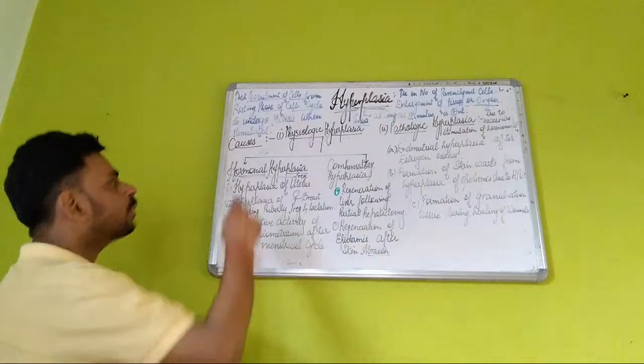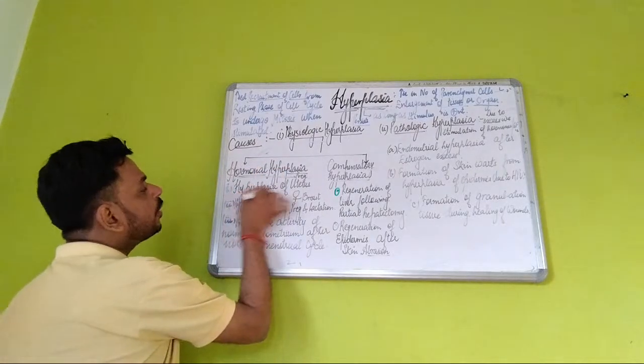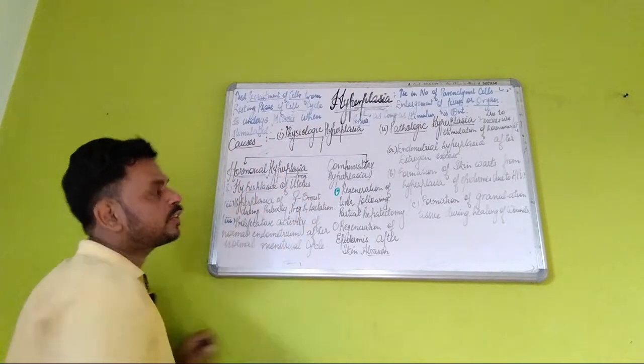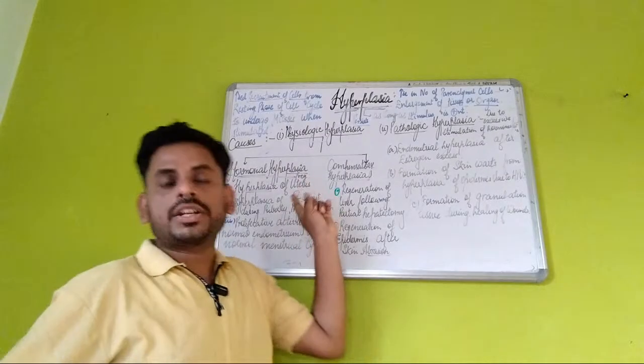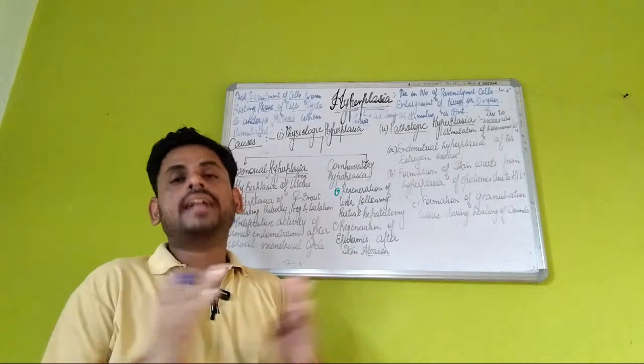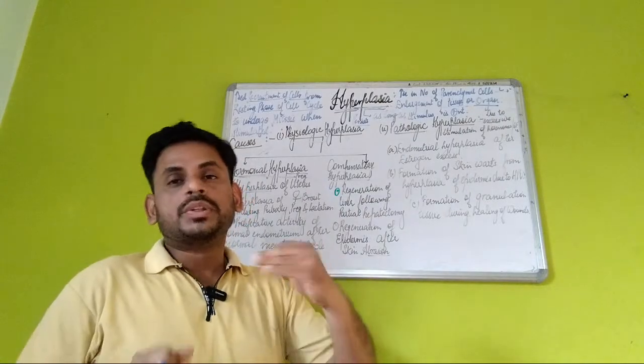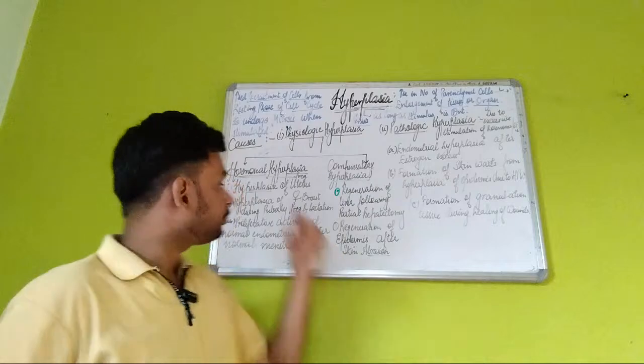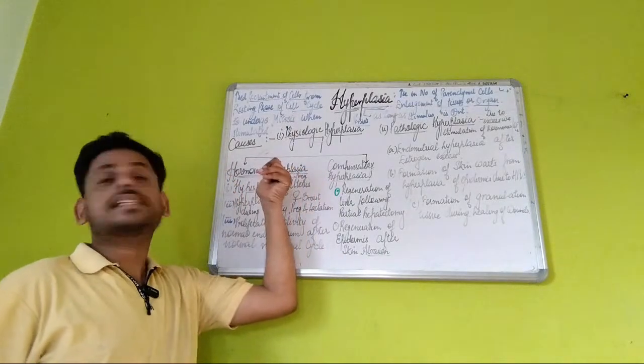An example of this hormonal hyperplasia is the hyperplasia of the pregnant uterus. In the condition of pregnancy, hyperplasia of the cells is going to occur and the uterus is going to enlarge.